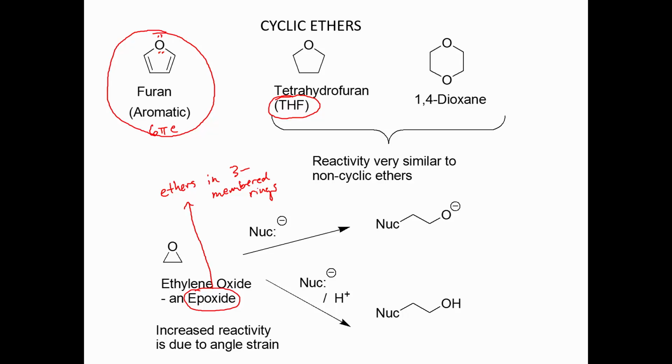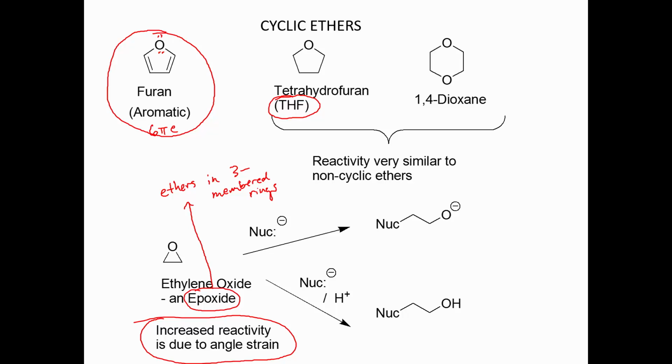Now epoxides show very high reactivity, and this of course is due to the fact that there's a lot of angle strain in these 3-membered ring ethers. So this gives them much higher reactivity than simple ethers.